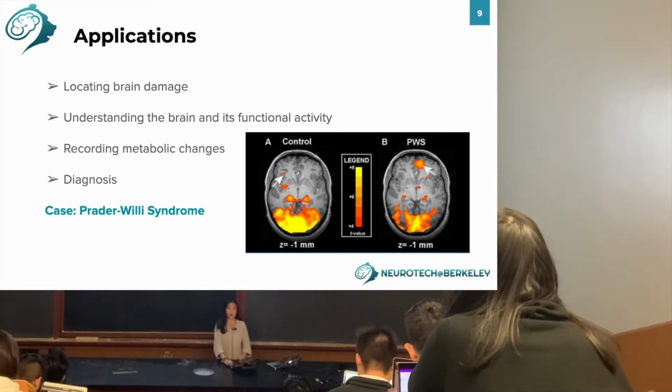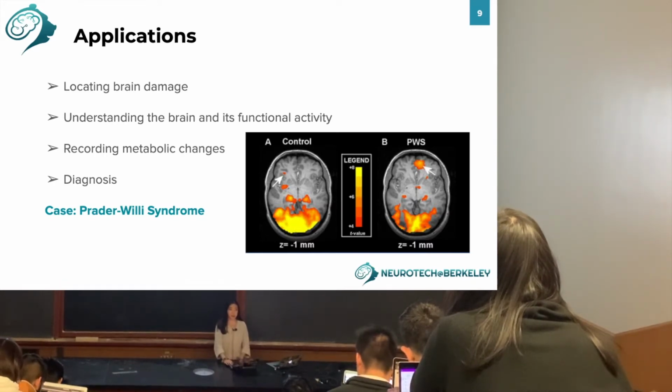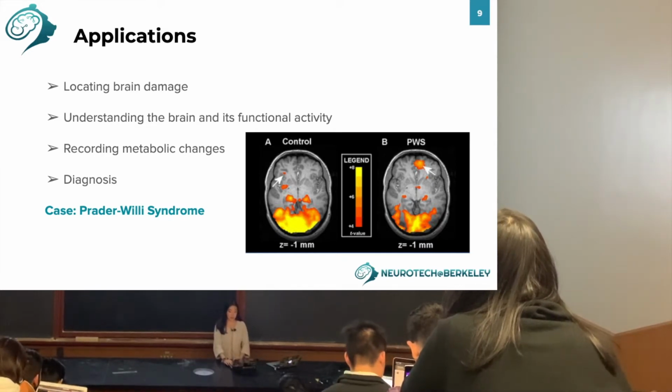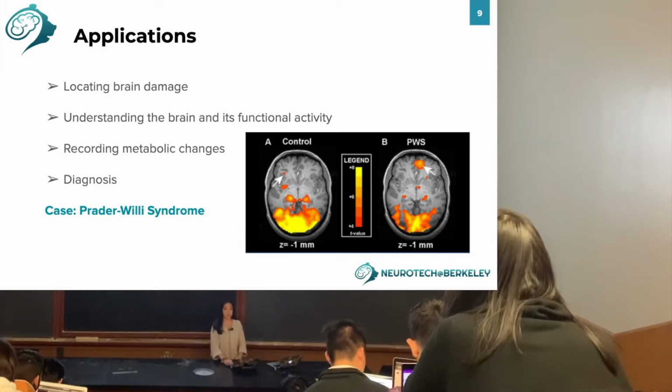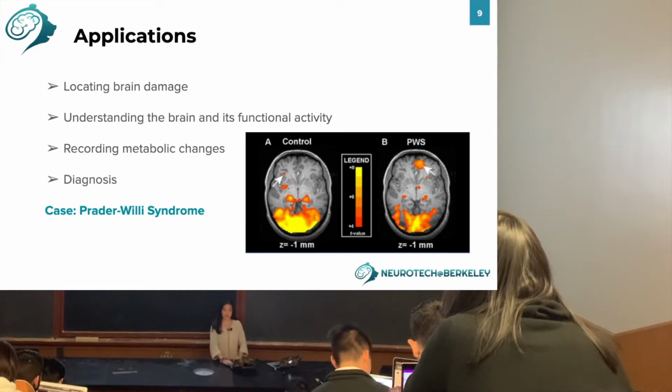Also understanding the brain and its functional activity, like with fMRI, and diagnosis in general of medical diseases. One case is Prader-Willi syndrome, a genetic disorder that causes weakened muscle, poor feeding, and slow development. A symptom is non-satiation when eating, which can lead to obesity and diabetes.